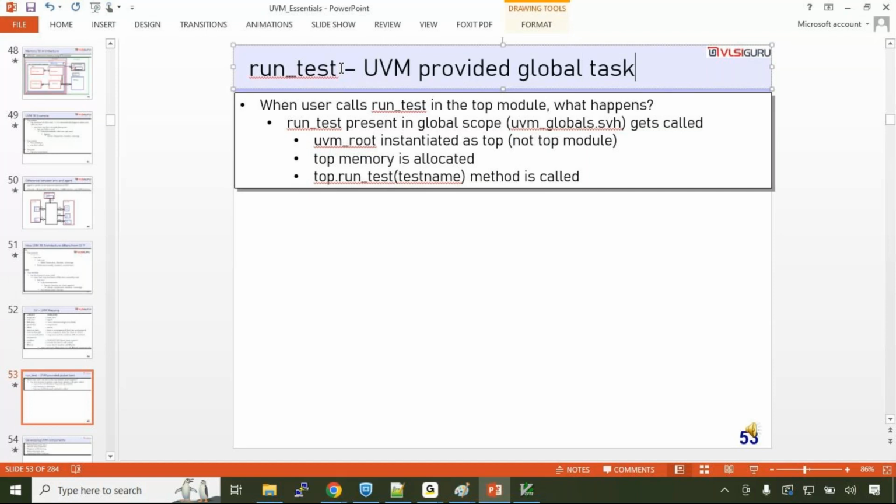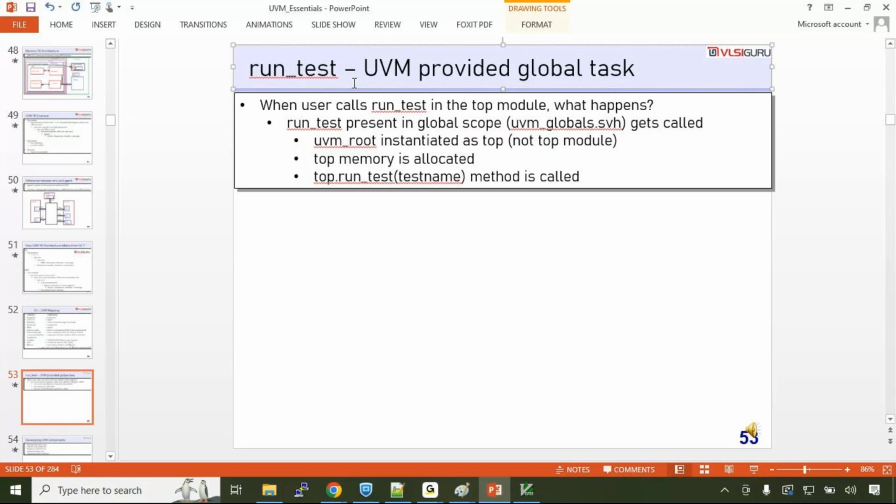Does the user need to define it, or does UVM provide it? UVM provides it. So all the user has to do is call run test. What do you understand from the term run test in plain English? Run the test case. That's why the term run test is there.